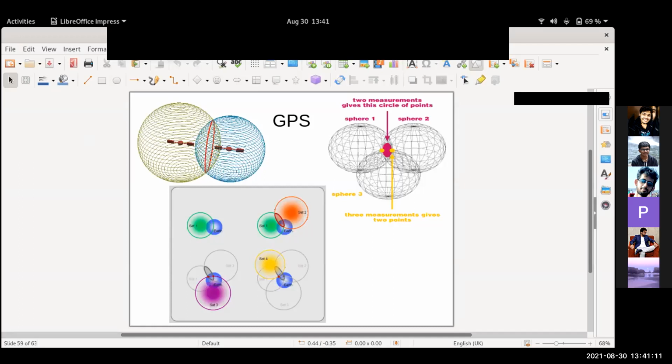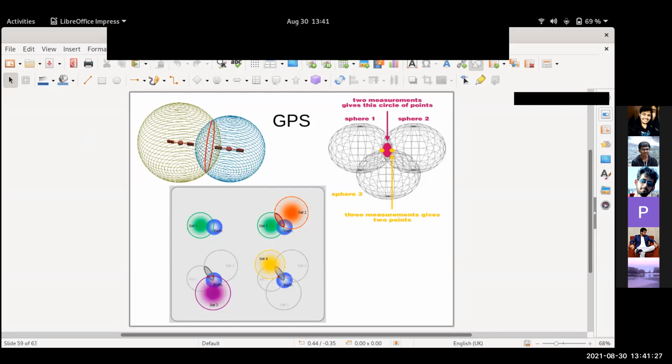So therefore, you cannot directly use that information. What is usually done is you will be running one more replica clock in your receiver. The replica clock will try to keep track of the satellite clock.